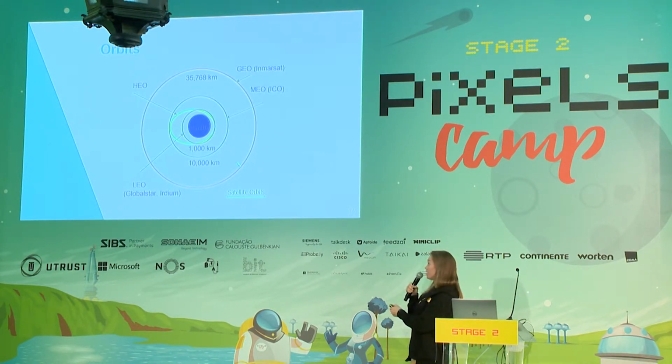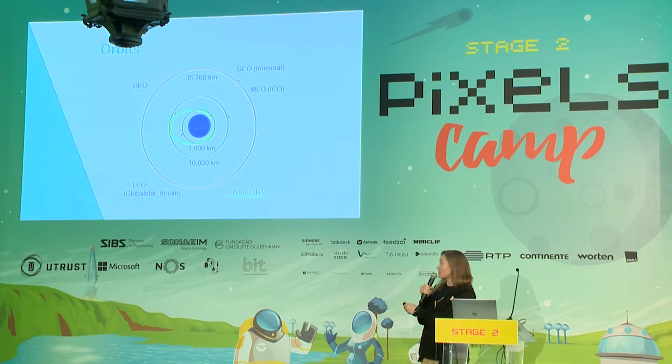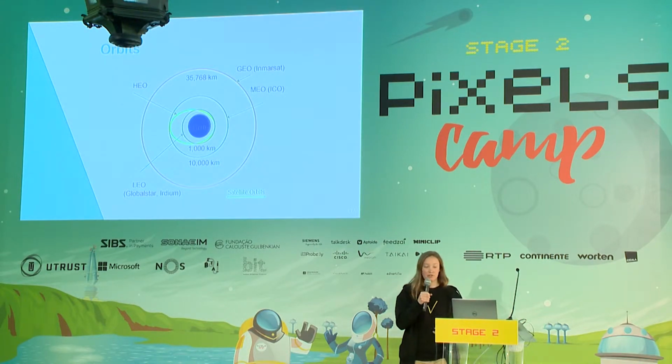The ones in the lower orbits go faster, so they go around Earth many more times per day than the geostationary ones. And this is something that can be a bit counterintuitive. You would maybe think that if you have a higher orbit, you would go faster around, but that's not true. The lower the orbit, the faster you go around Earth. The reason is that gravity is much stronger the closer to Earth you are.